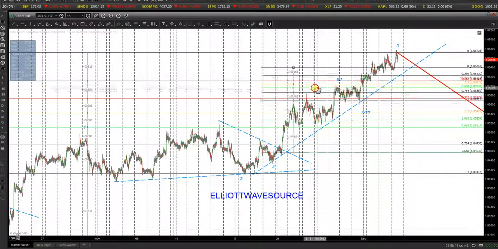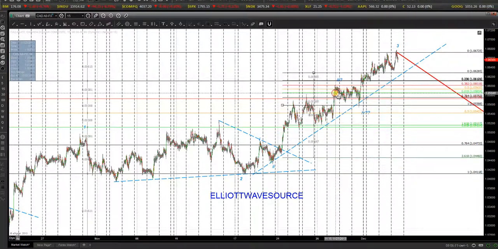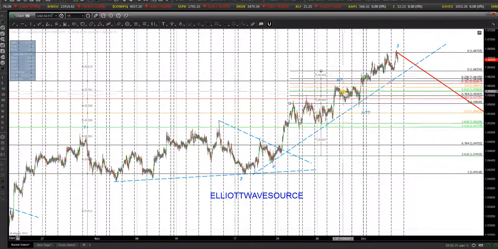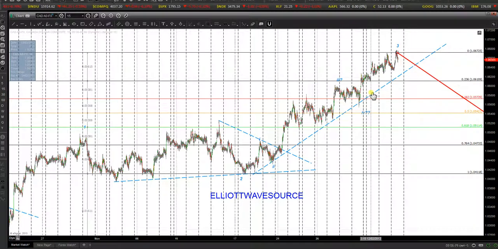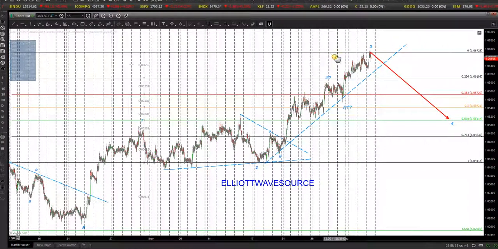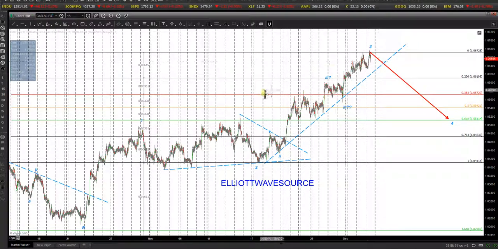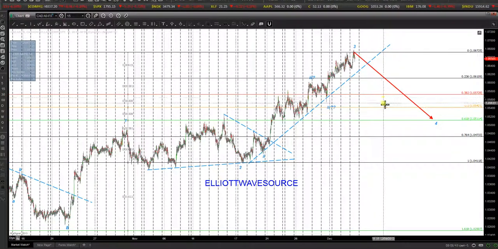Wave 3 is extended by 261.8%, then 4, and then wave 5 shot slightly past that 100% mark. But definitely anticipating that prices will return from this point, as prices did go slightly around 100% off wave 1. So anticipating that prices will push lower, and wave 2 retraced 38.2%.